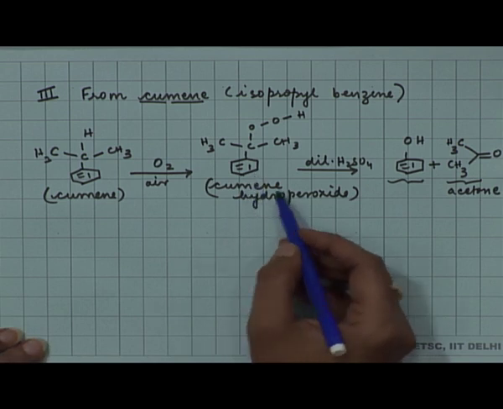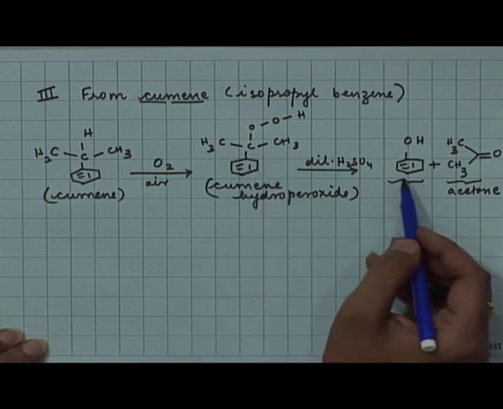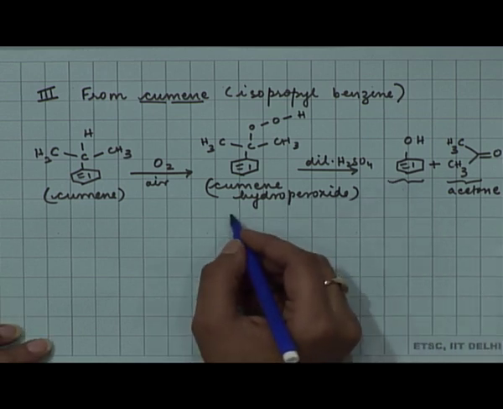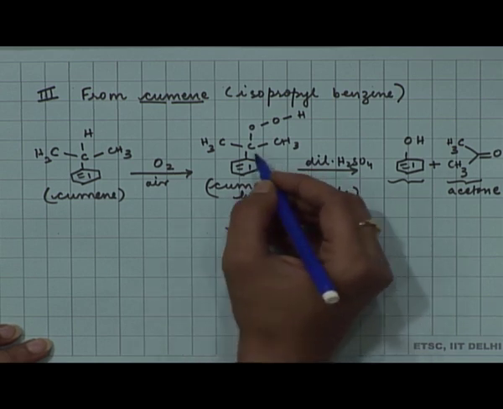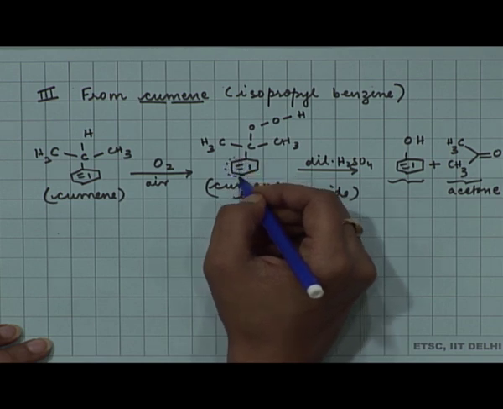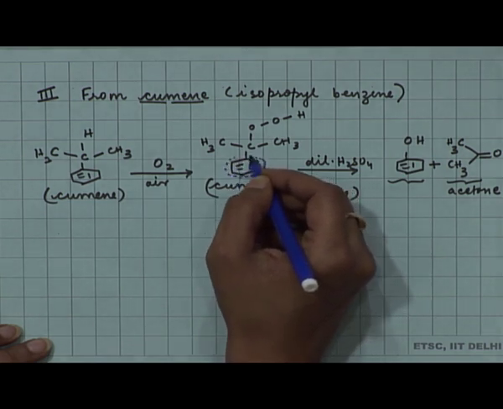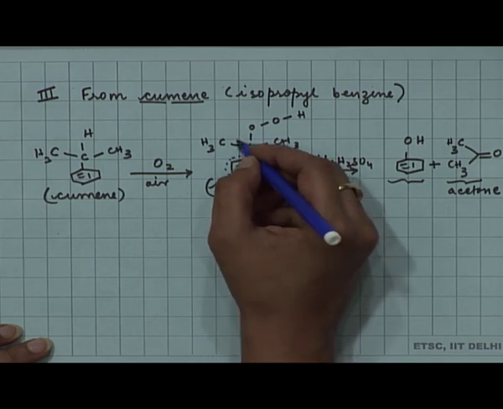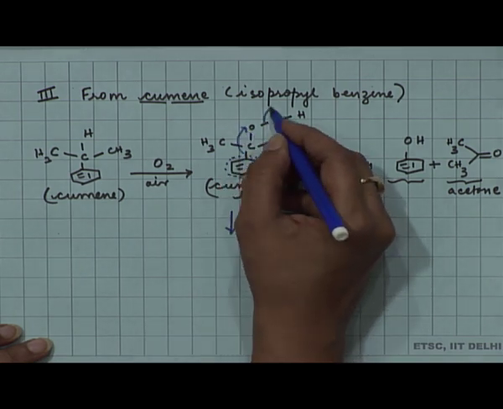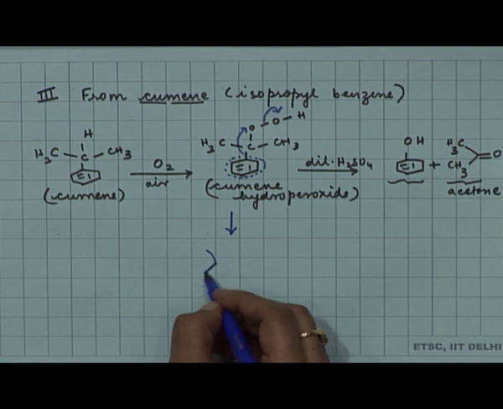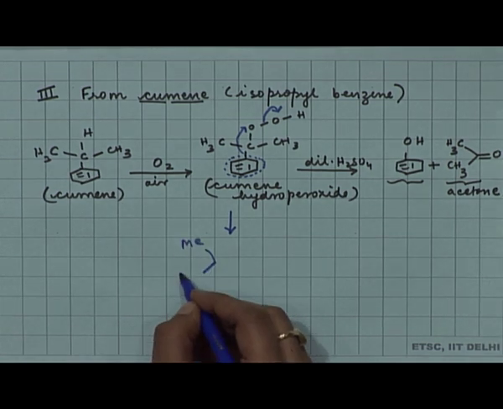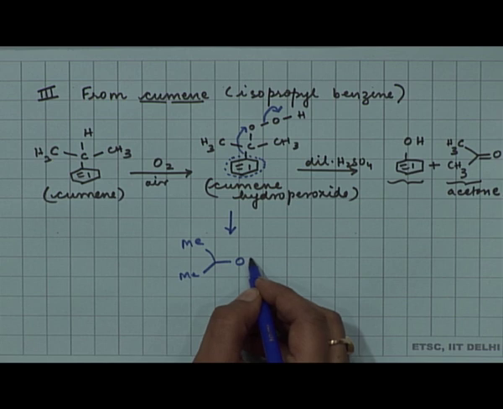So, in going from the hydroperoxide to phenol, we believe what is happening is that there is a migration of this phenyl group. This reaction involves the migration of this phenyl group to give you this intermediate.